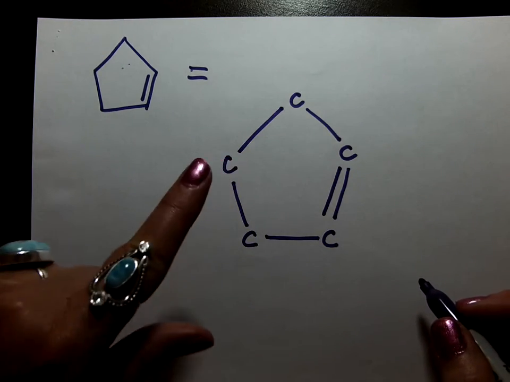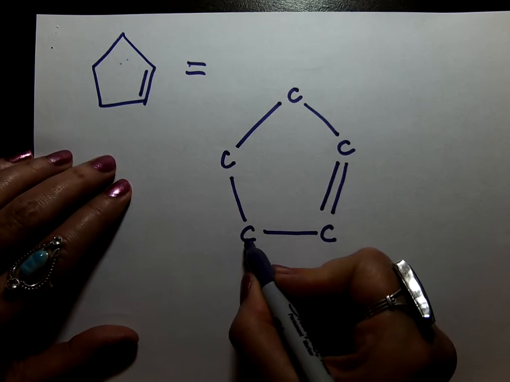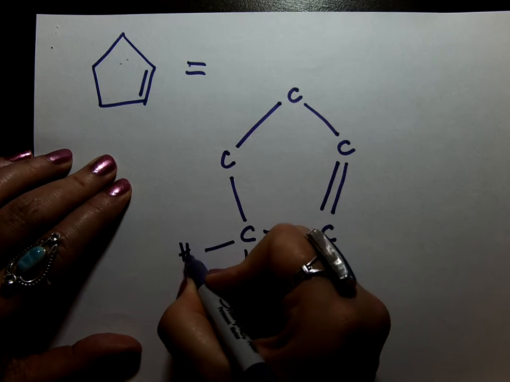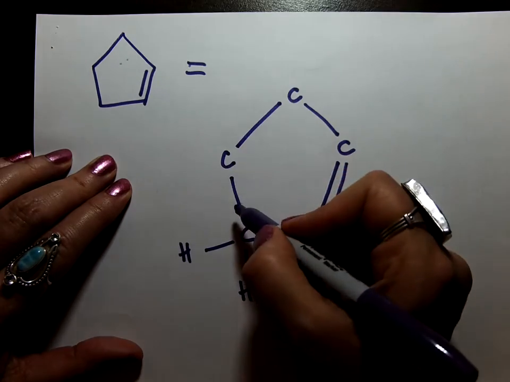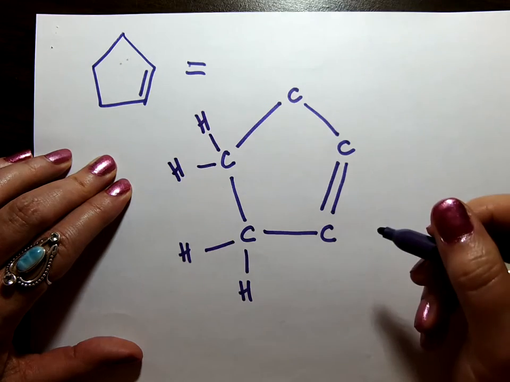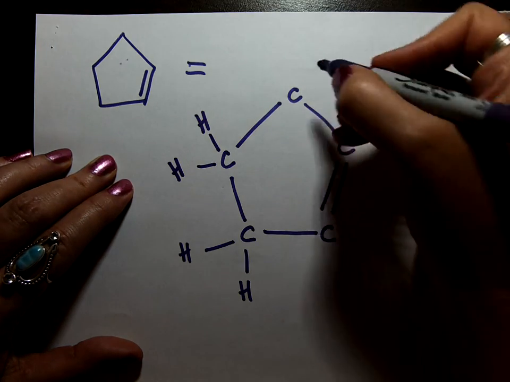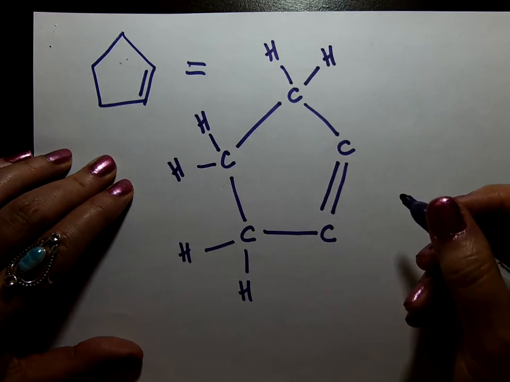Now we need to add our hydrogens, so we get 4 bonds for every carbon. This carbon has 2 bonds, so it needs 2 more bonds to hydrogen. This carbon has 2 bonds, so it needs 2 more bonds to hydrogens. This carbon atom has 2 bonds, so it needs 2 more to make 4, and they go to hydrogen atoms.